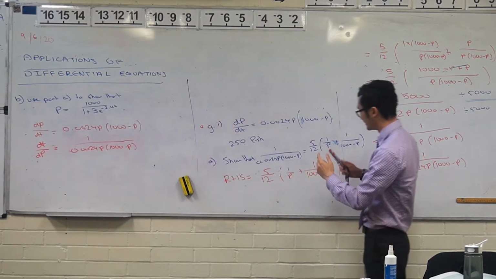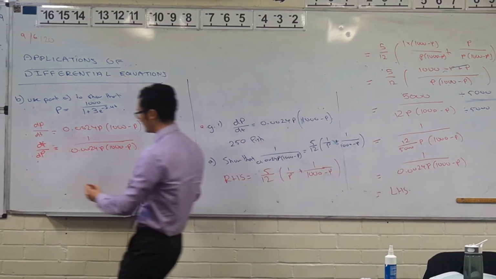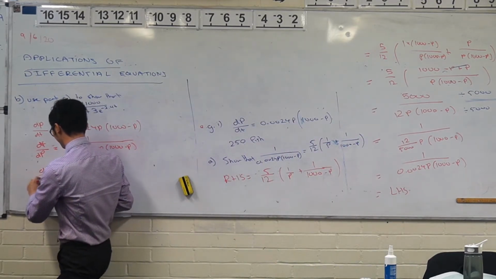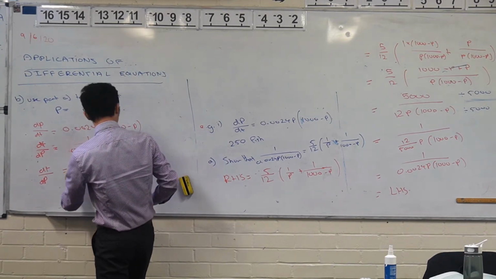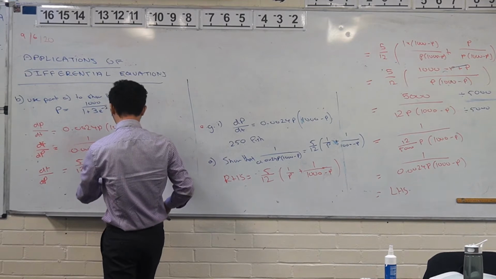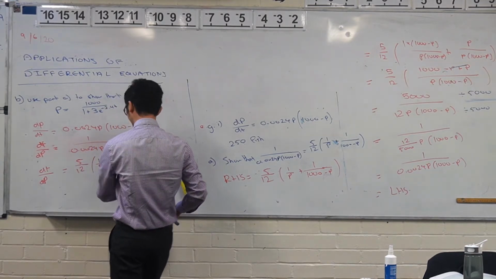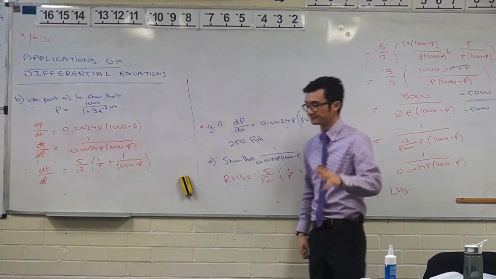And then we can say that this is the same as that. Yeah, that's right. So dt/dp is equal to this guy here. Good spot.